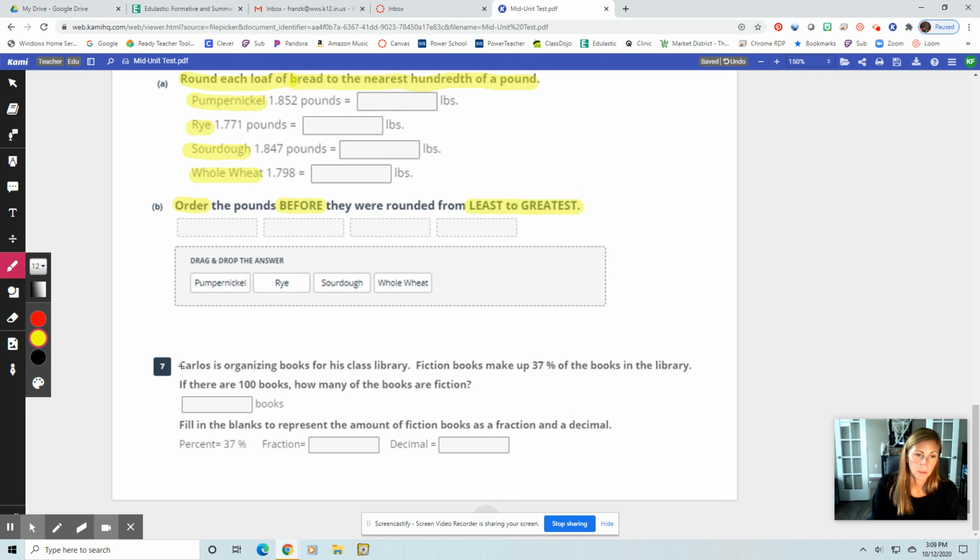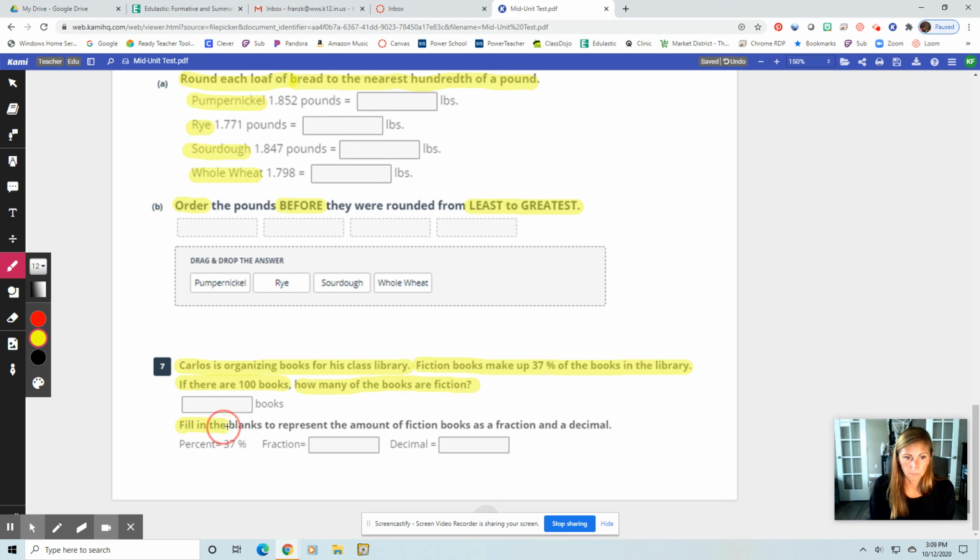7 says, Carlos is organizing books for his class library. Fiction books make up 37% of the books in the library. If there are 100 books, how many of the books are fiction? So you're going to type in the number, how many books would that 37% be?